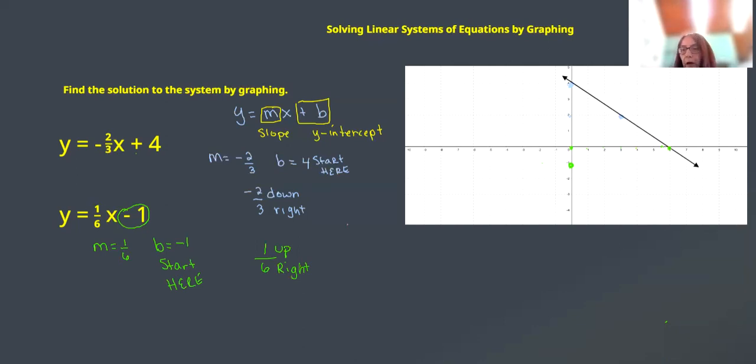And we're going to make a nice line through them. Boom, there we go. And as you can see, our lines intersect right here at 6, 0. And that is our solution.